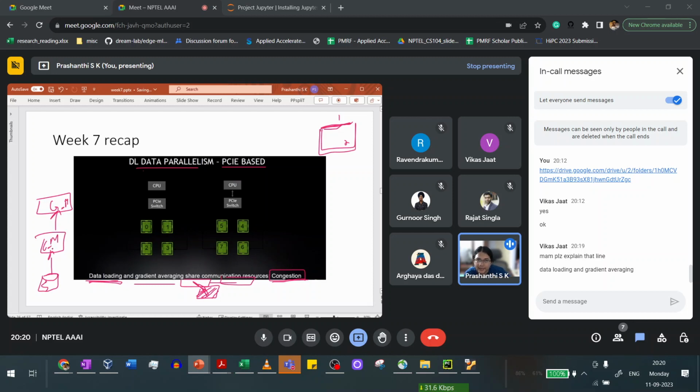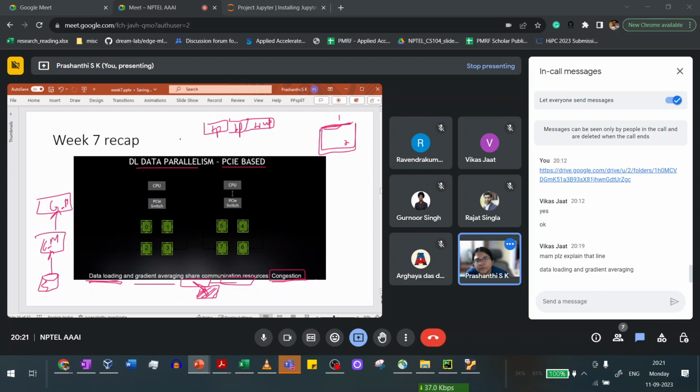But as an optimization, you can think of the computation as forward pass, backward pass, and then your weight update, basically this gradient averaging and weight update. Let's just say weight update here.